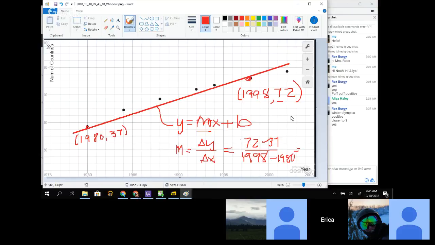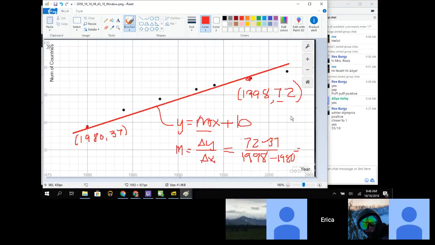So if I do this calculation, I've got 72 minus 37, that's 35, over 1998 minus 1980, which is 18. So I have 35 over 18.